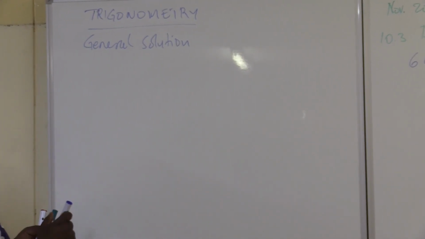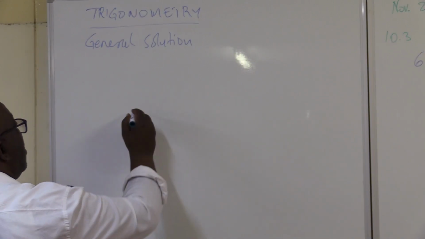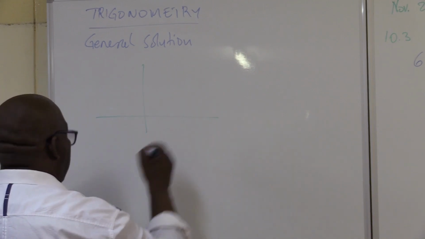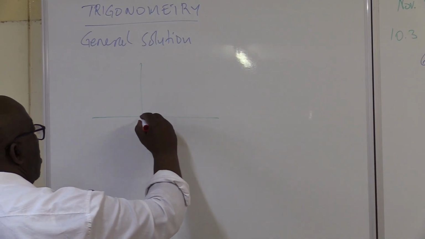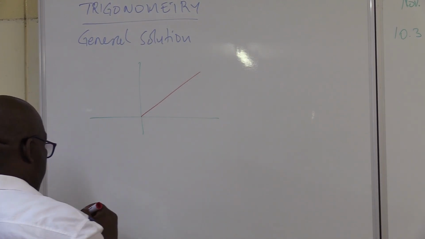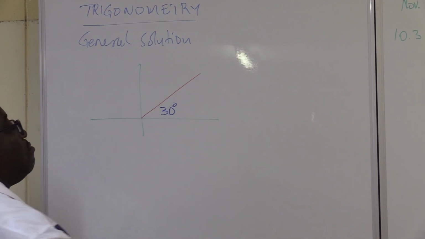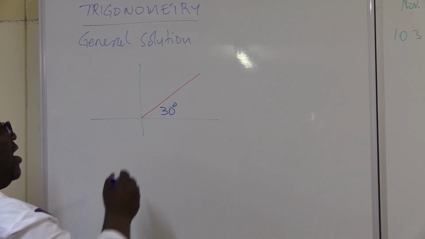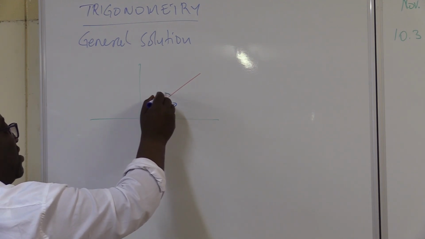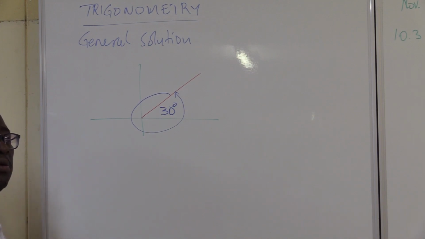Now, let's make an example before we go to the actual problem. If I have this arm, I'm saying this angle is about 30 degrees. If I add another 360 here, I will land on the same position.